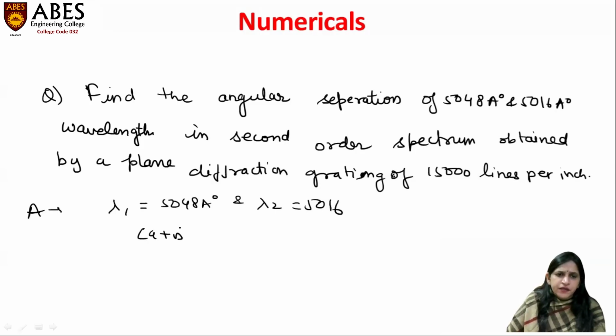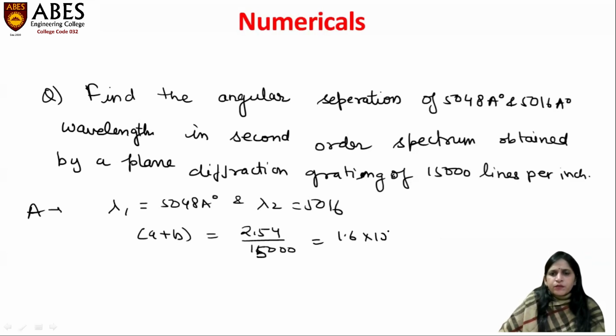A plus B is given, because it is 15,000 lines per inch. So A plus B is equal to 2.54 upon 15,000, which is 1.69 into 10 to the power minus 4 centimeter.